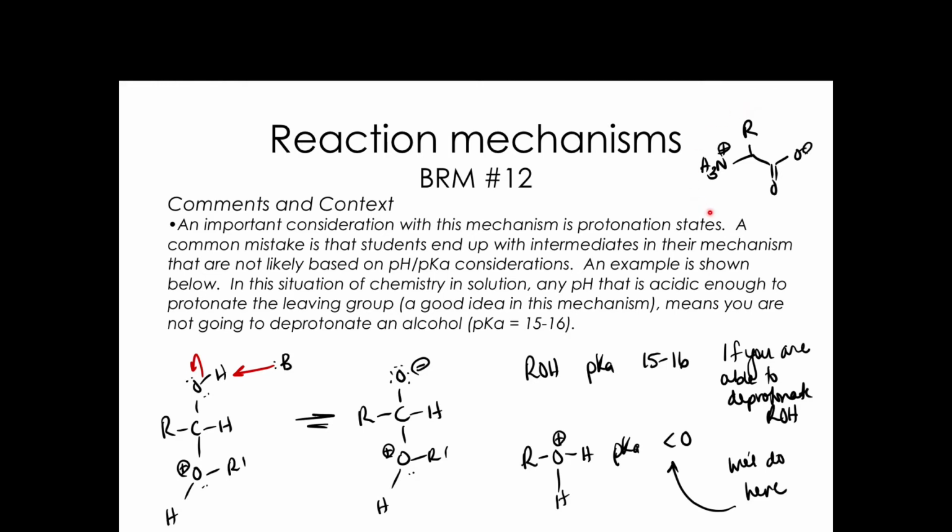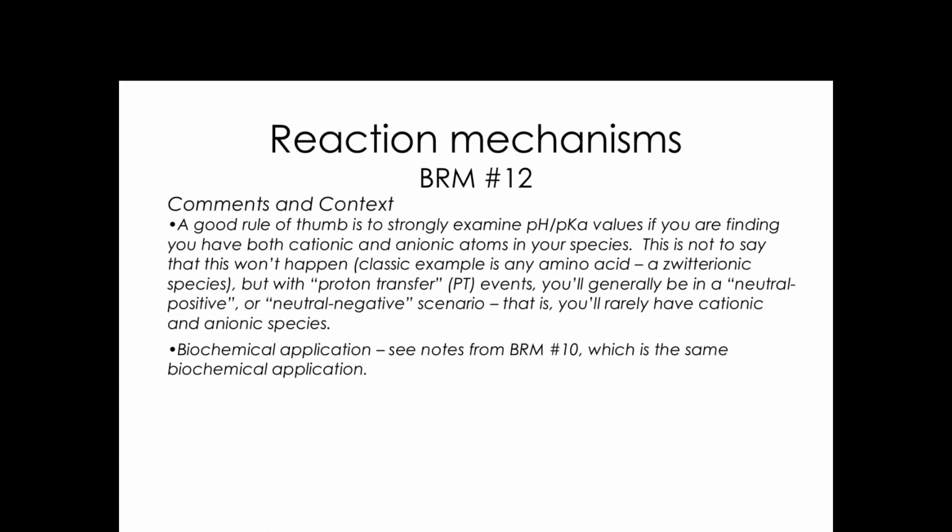But again, having a species like this that might have no net charge, right? This positive charge over here might balance out with this negative charge here, and this molecule has no net charge, but it is not uncharged. So having these zwitterionic species is possible, but we really have to have a thorough examination of protonation states based on pKa and pH to truly evaluate that.